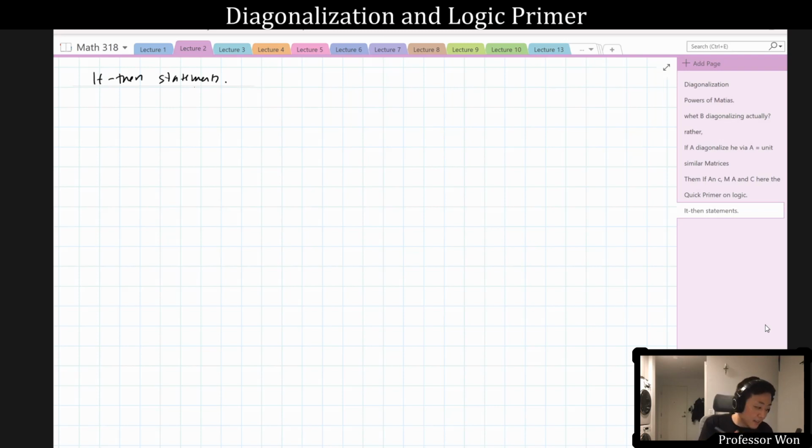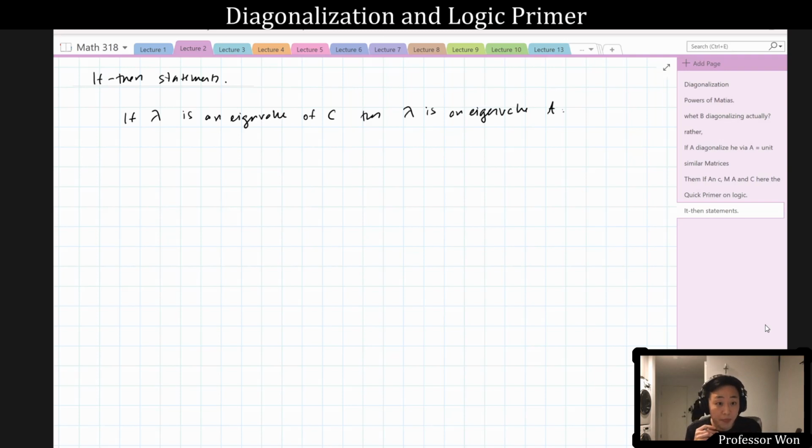In the notes, for example, there are statements like: if lambda is an eigenvalue of C, then lambda is an eigenvalue of A. This was just something that we said in the last proof, and it's of the form if something, then something else.